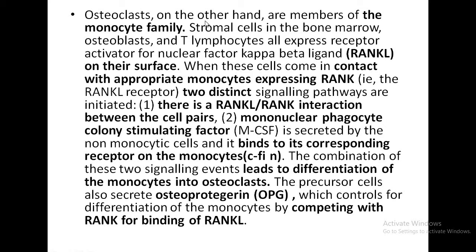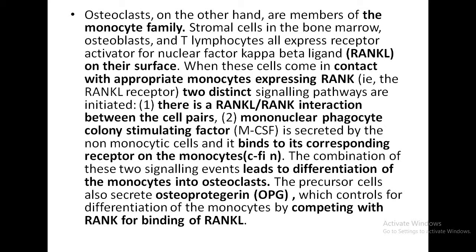So in this case, if the osteoclast and the osteoblast are interacting, the osteoblast, which contains the receptor activator RANK L, will bind to the RANK on the osteoclast, and then there is a RANK interaction between these two cell pairs.